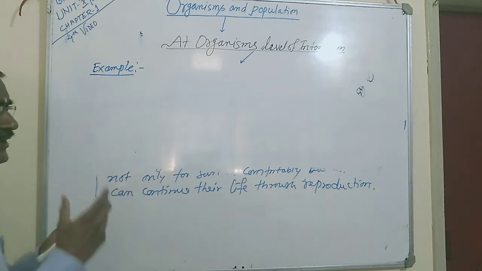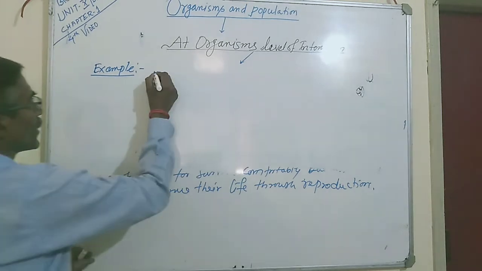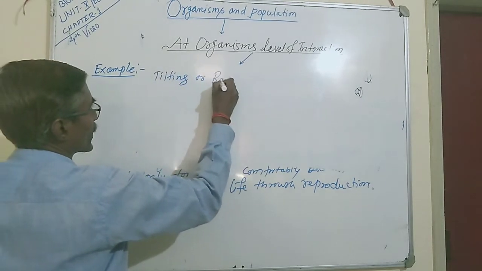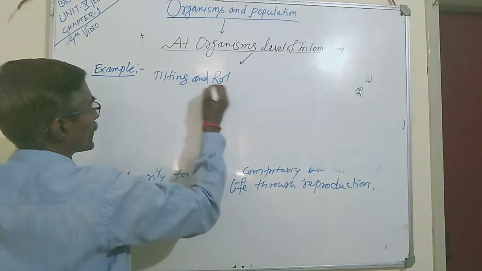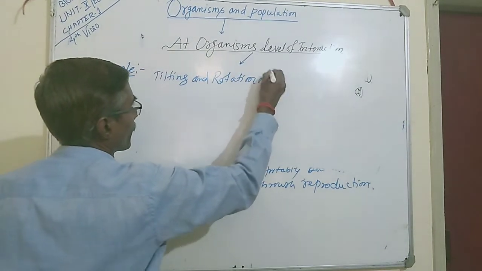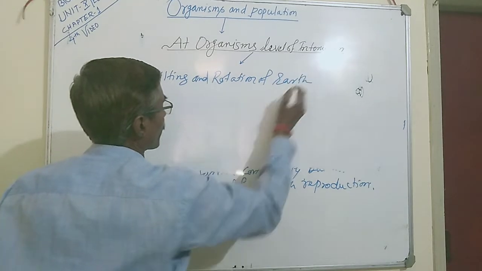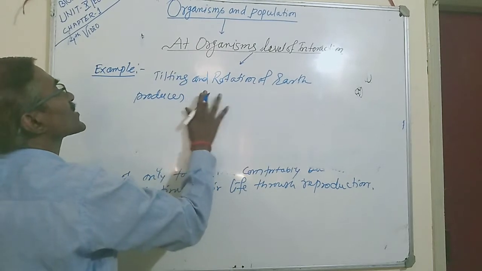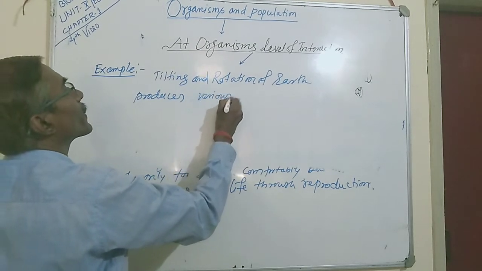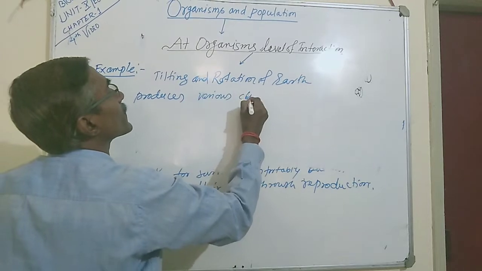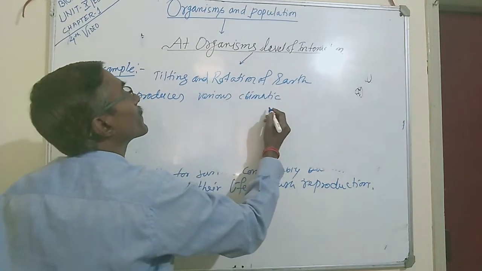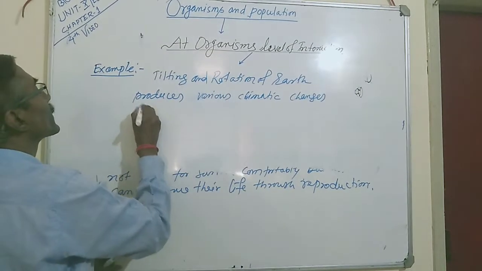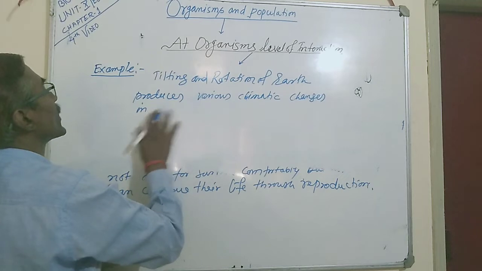Why? Due to the tilting or rotation of the earth. The tilting and rotation of the earth produce various climatic changes latitudinally.